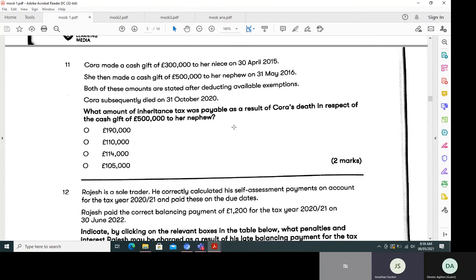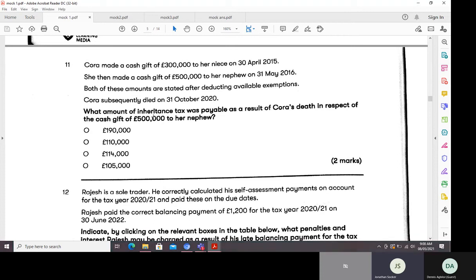Okay, so let's look at question number 11. Now, question number 11 says, let's look at the requirement. It said, what amount of inheritance tax was payable as a result of C's death in respect of the cash gift of 500,000 to a nephew?